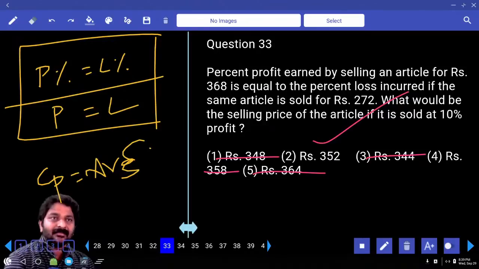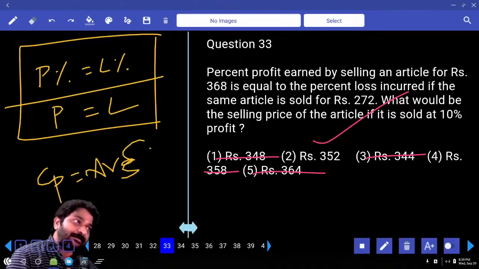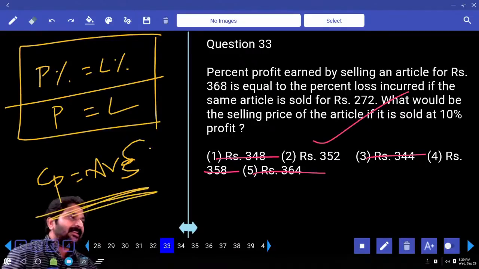You don't have to solve this question. When you are expecting 10% profit, you need to sell the item at 110%, which should be a multiple of 11. That's all. If you want to calculate, yes, you need to remember this. When profit percentage is equal to loss percent or profit is equal to loss, your cost price is equal to average.